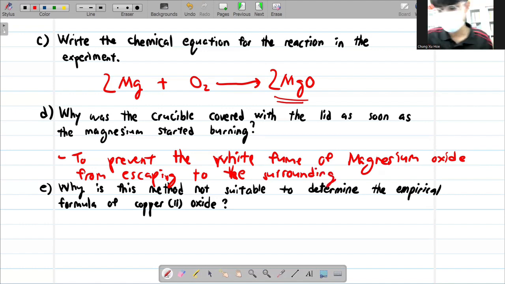As simple as that. You close it. Why? Because you want to prevent the white film of magnesium oxide from escaping to the surrounding. You open it. Why? Because you want to allow oxygen gas to react with your magnesium to form magnesium oxide, which is your white film.